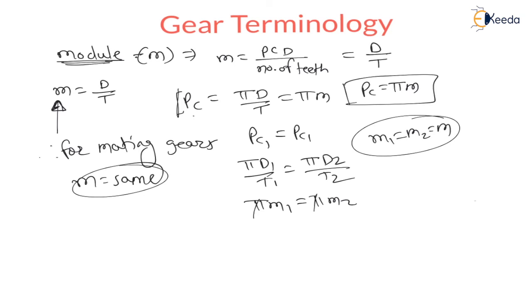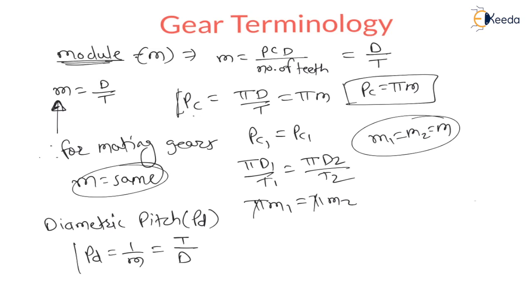This is a must condition. Now the next definition is diametric pitch. Diametric pitch is represented by PD, and it is the reciprocal of module. Therefore it is equal to number of teeth divided by pitch circle diameter. This is diametric pitch, which is the reciprocal of module, right? And my dear students, same as module, diametric pitch is also not a dimension.